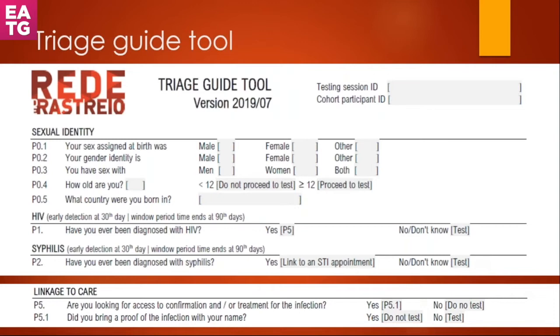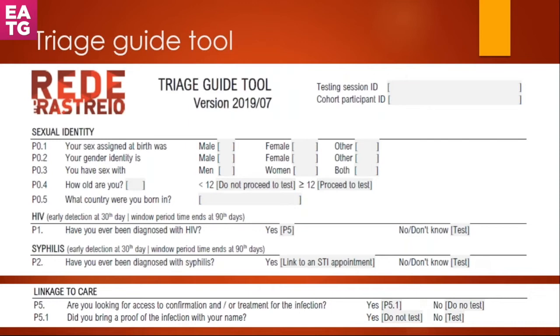So we start to ask the sexual identity of the person, with the division of sex assigned at birth, the gender identity, and with whom they have sex with. So this is a way to find out trans people that sometimes do not self-identify themselves, because when asking only sex, they say the gender and not the sex assigned at birth.